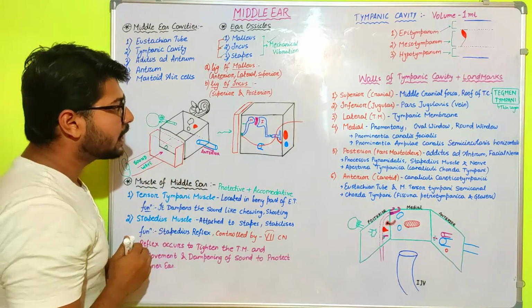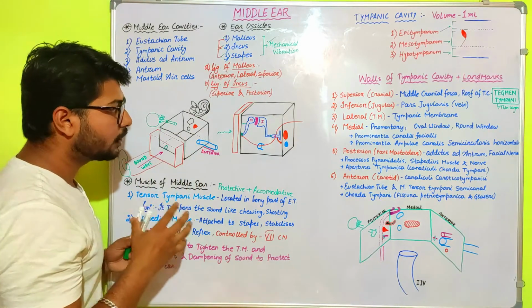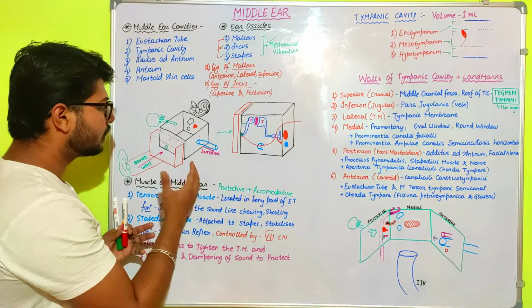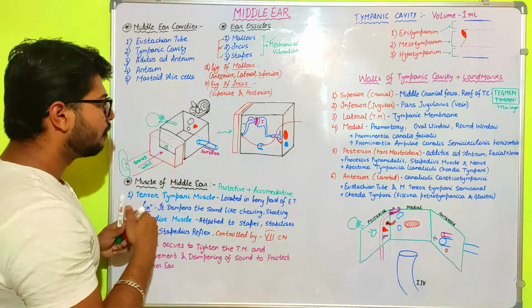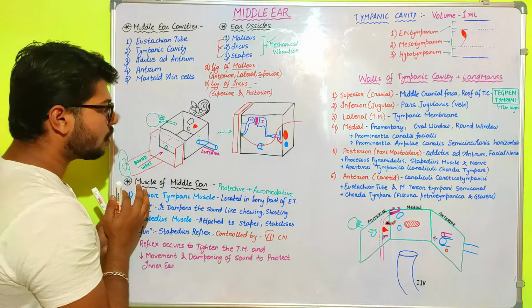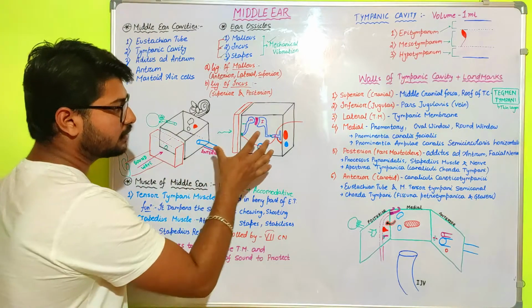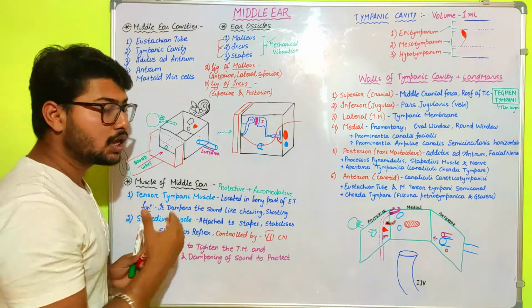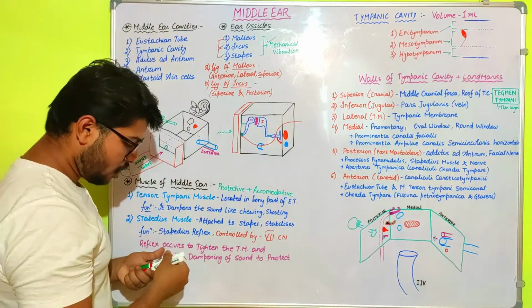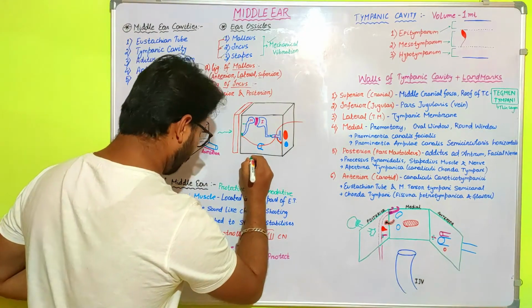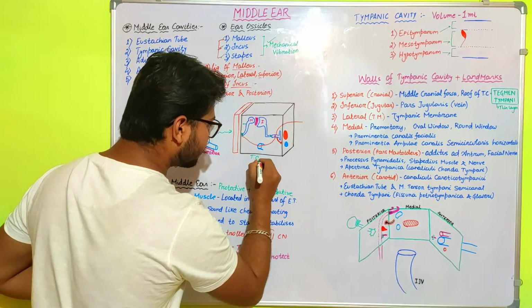This is the structure that I have drawn here to represent the middle ear and its contents. This is the anterior view of the middle ear, or of the tympanic cavity.